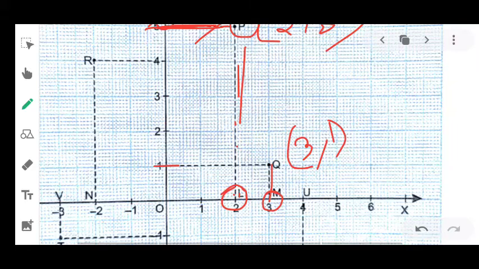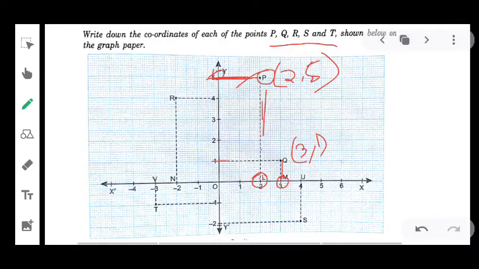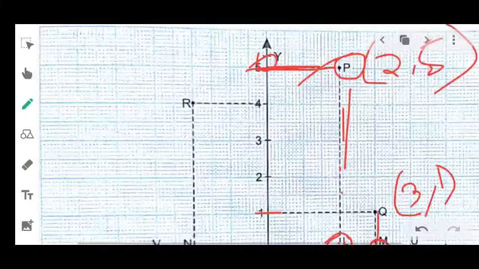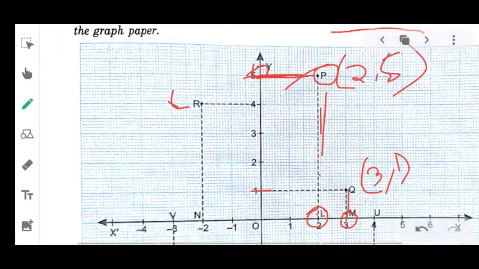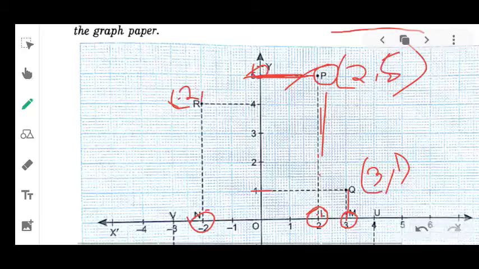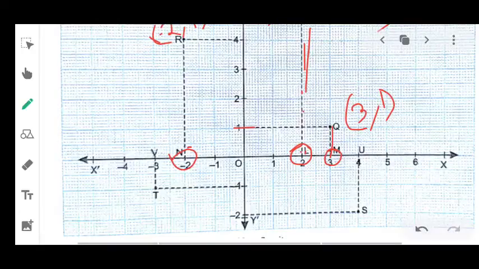So the coordinate of this point is 3 comma 1. Then the coordinate of R. The x coordinate of this point is -2, comma, the y coordinate is 4. So the coordinate of R is -2 comma 4.